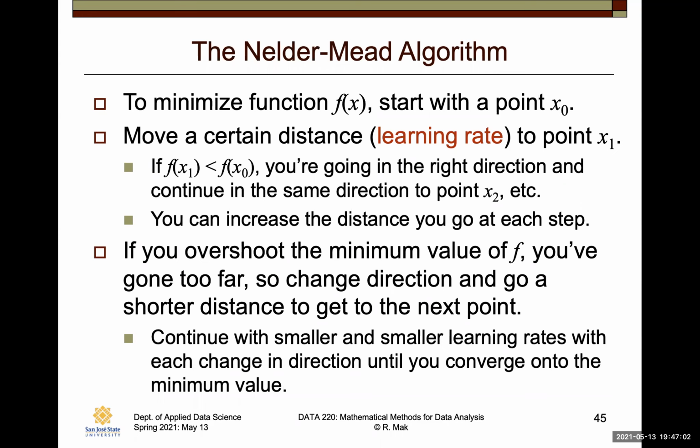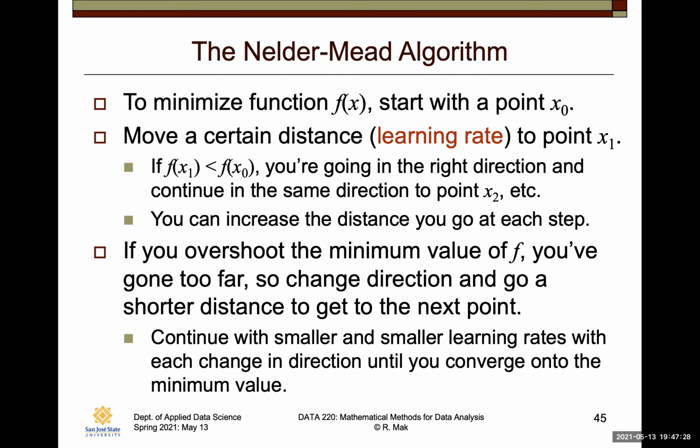So you cut the distance in half, and then again start moving in this other direction to see if the value of the function is getting smaller and smaller. And again, you may overshoot and you change direction again. And each time you change direction, you decrease the learning rate, you decrease the amount that you travel.